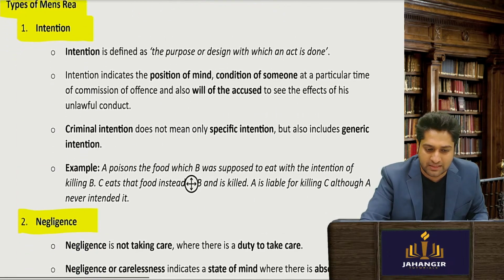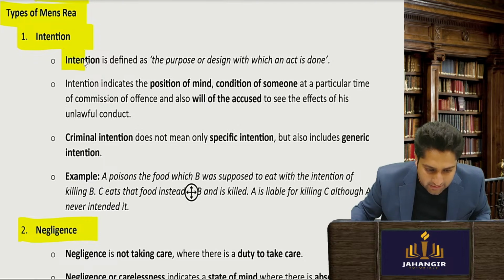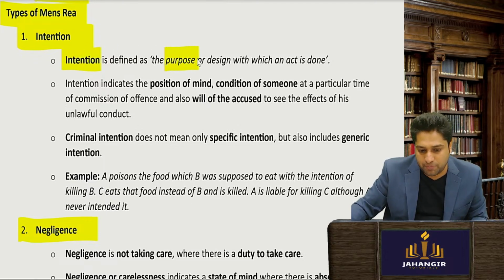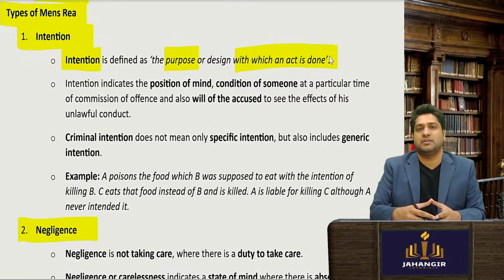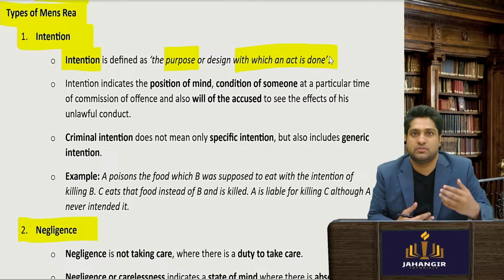And the third one is intention. So let's see, what do you mean by the term intention? Intention is having a proper purpose, or design, with which the act is done. So intention means you had the purpose to do the act.